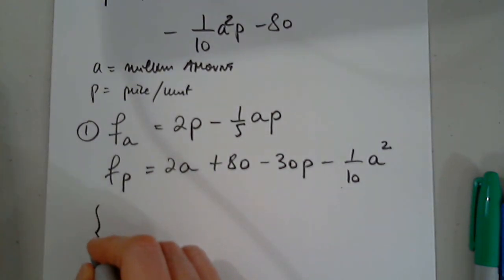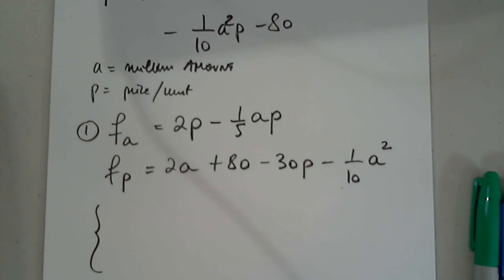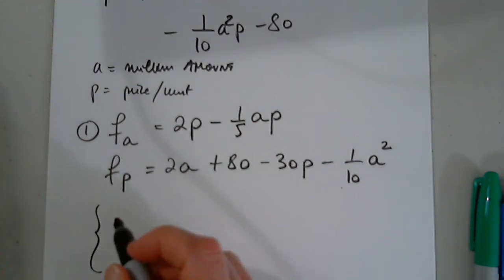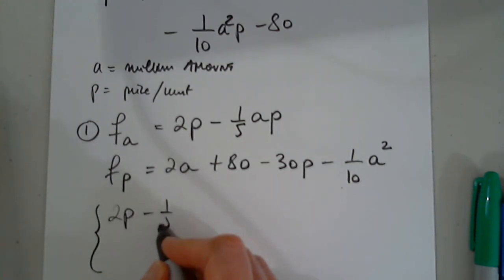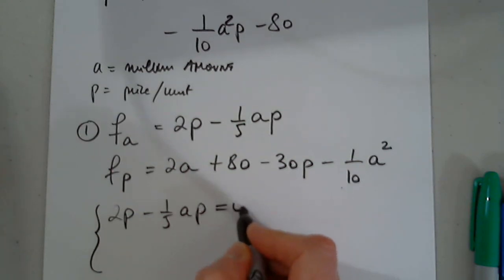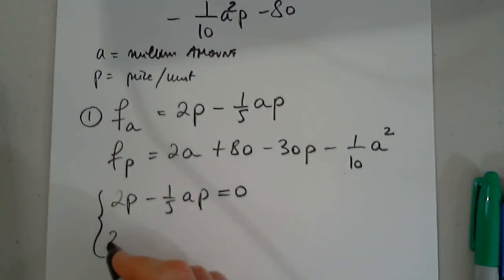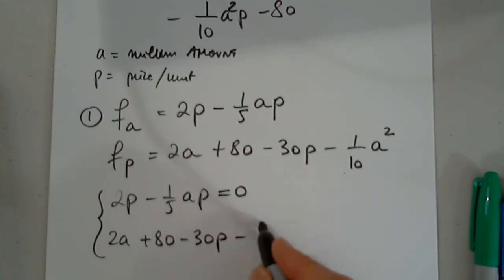Let's create the system. So 2p minus 1/5 ap must be 0, and 2a plus 80 minus 30p minus 1 over 10 a squared equals 0.